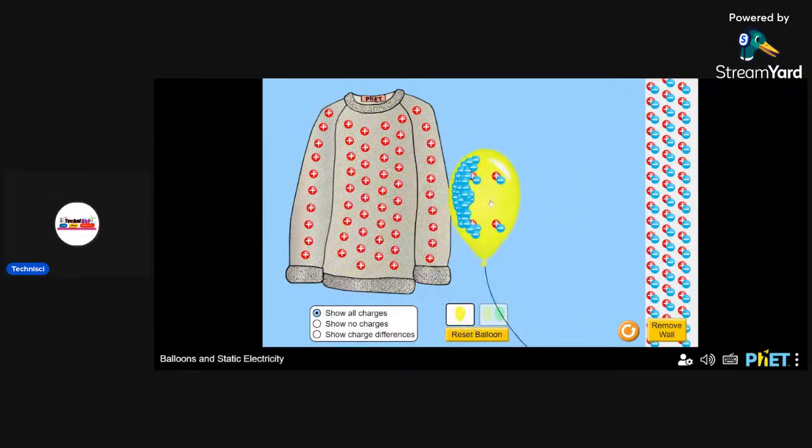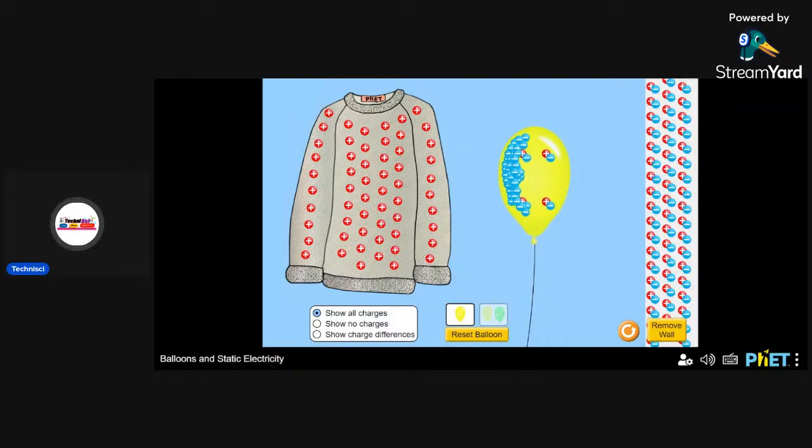Yeah, look at that. What charge does the sweater now have? Good. The sweater is now positively charged. What charge does the balloon now have? Good, Kesia. Good, Rashid.